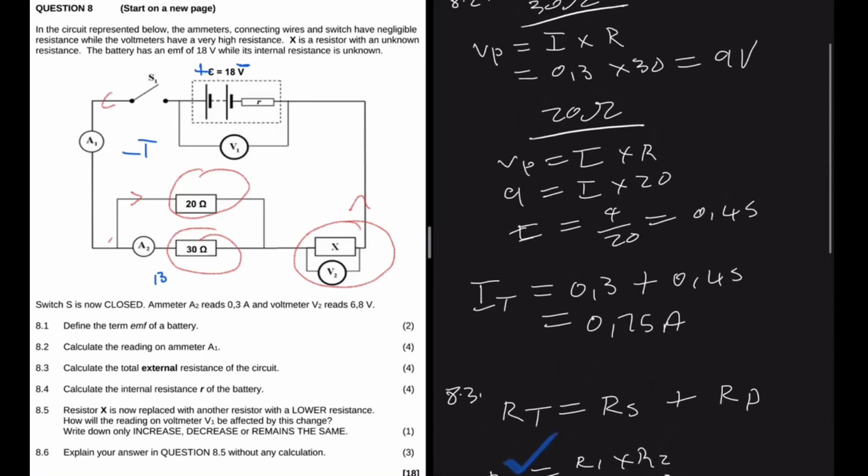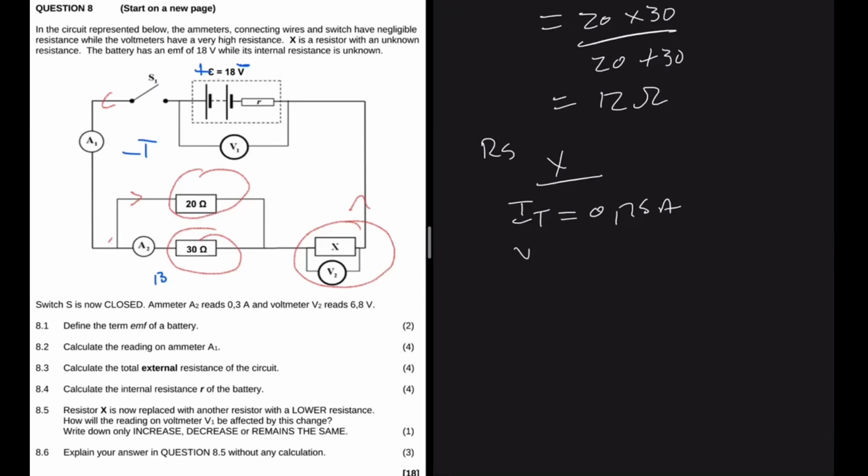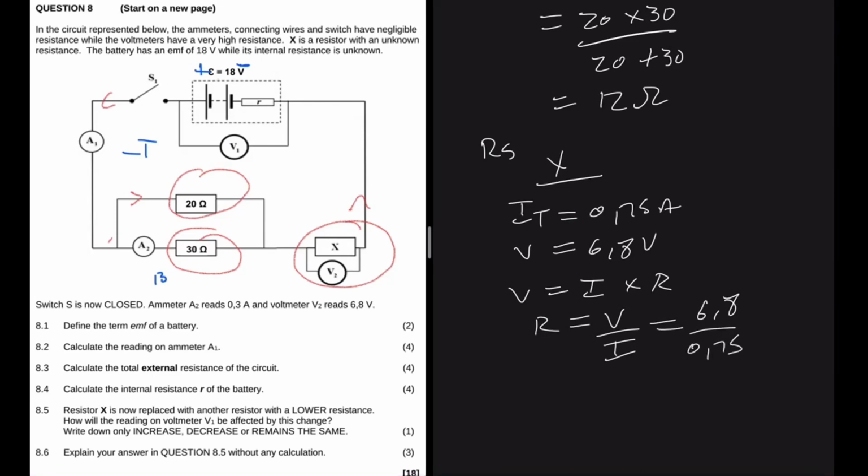0.75 A, which is what we calculated in 8.2. And we know that the voltage is said to be 6.8 volts. So calculating that resistance becomes pretty much straightforward. V equals I multiplied by R, so the resistance will be equal to the voltage divided by the current. The voltage is 6.8 and the current is 0.75.